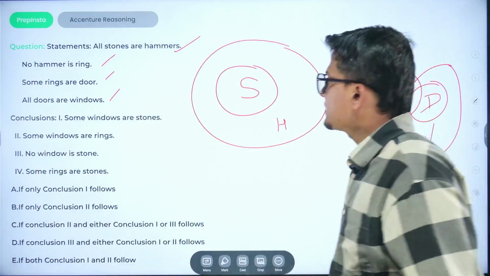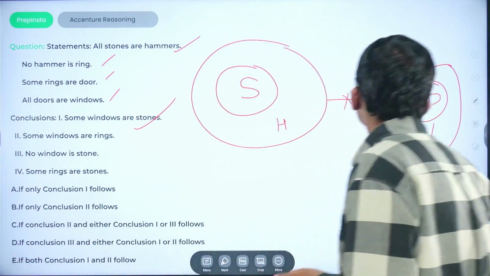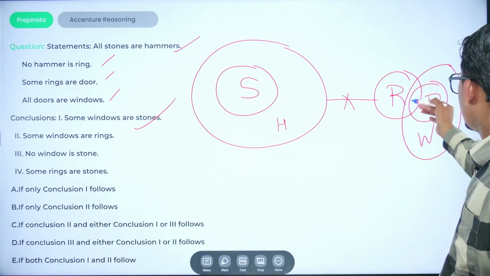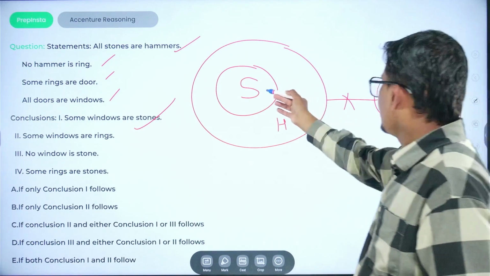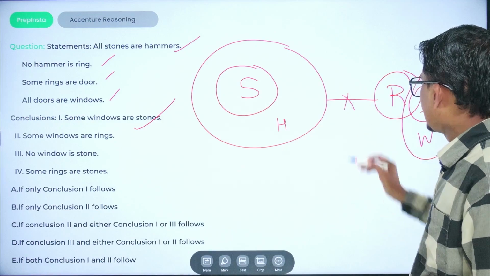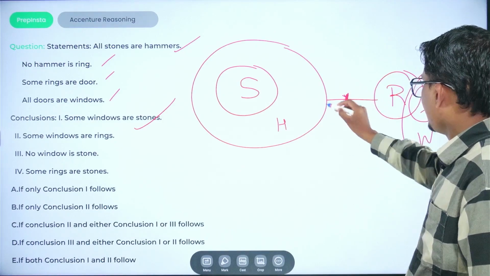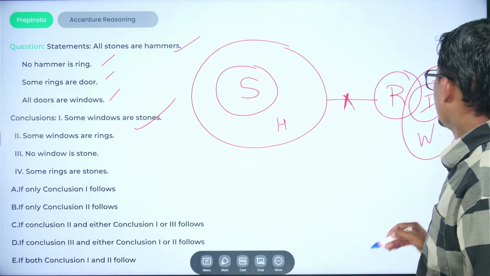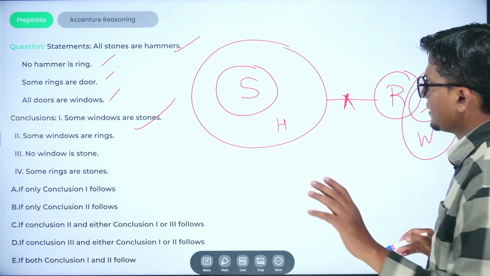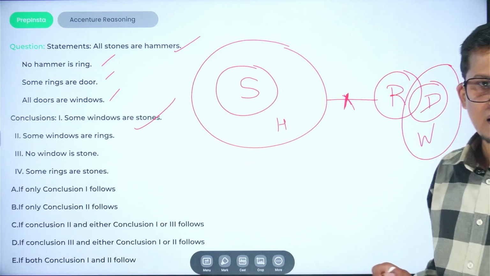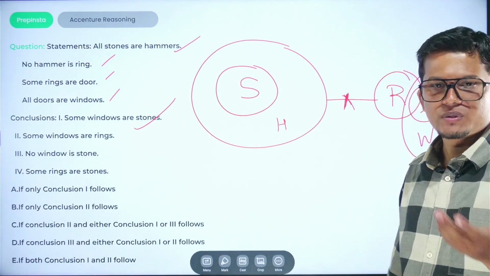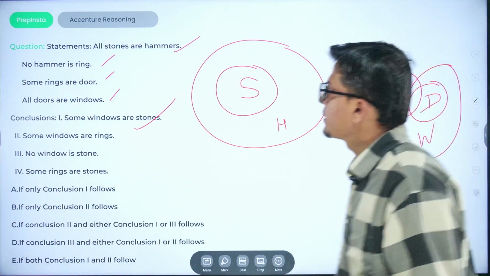On the basis of these statements, we have to draw the conclusion. So first conclusion is, some windows are stones. So window is here, right, and stones here. It is clearly said that none of hammer belongs to this ring. So there is no particular relation, no information is given, right? No information is definite with regard to windows and stones, so we are not sure about it.